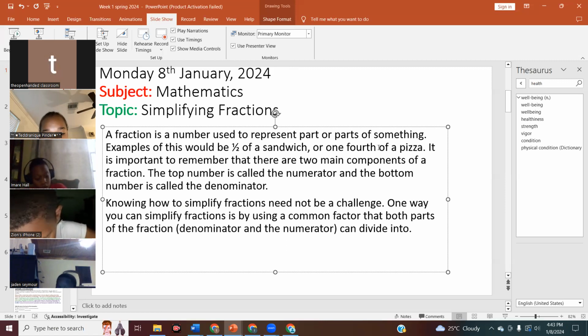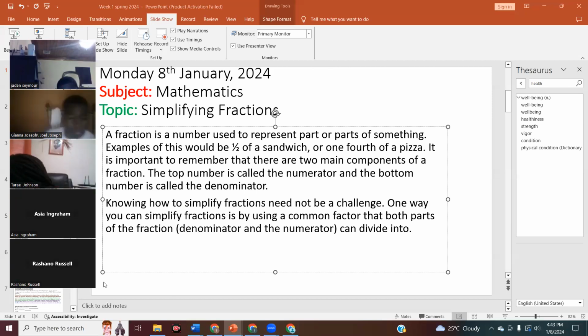The top number is called a numerator and the bottom number is called a denominator. Knowing how to simplify fractions need not be a challenge. One way you can simplify fractions is by using a common factor that both parts of the fraction, denominator and the numerator, can divide into.